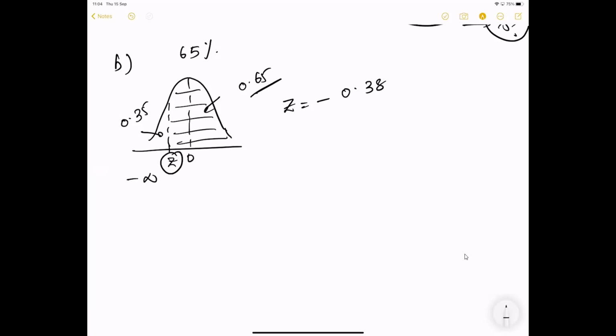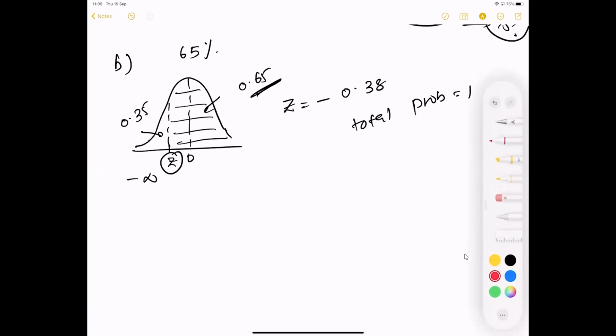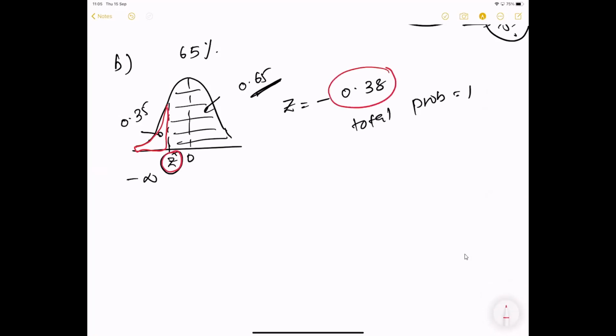This area should be 0.65, and the total probability is 1. Because we have the left-sided table, we can find the location of Z.